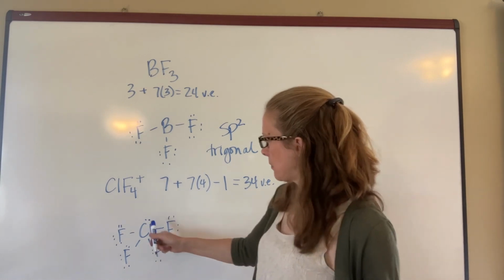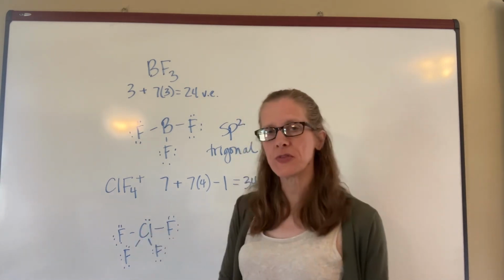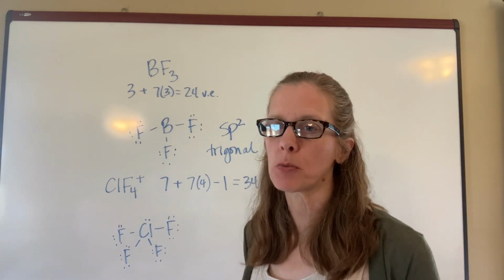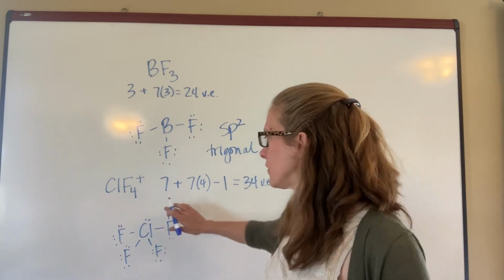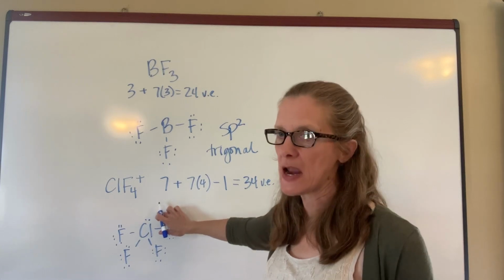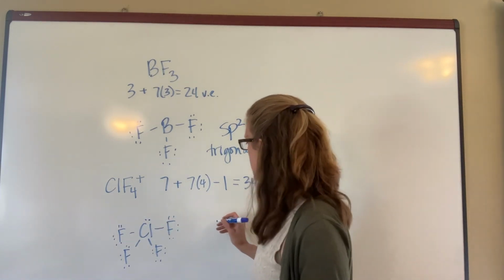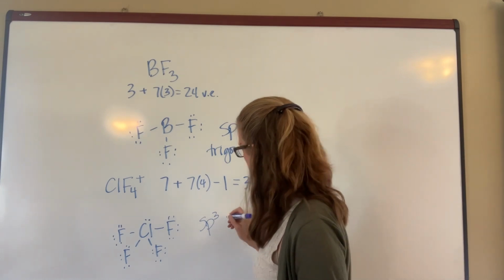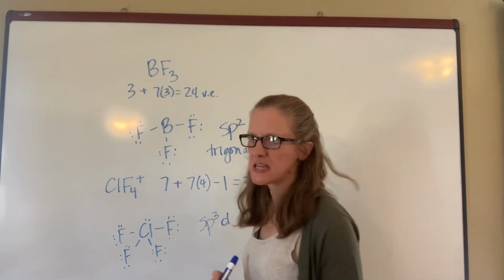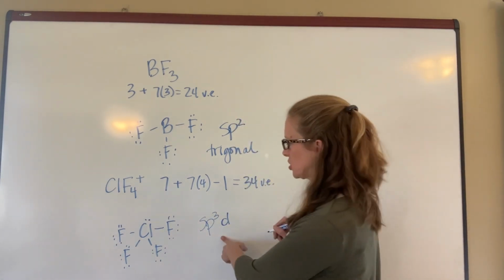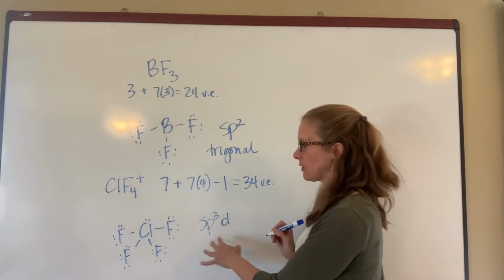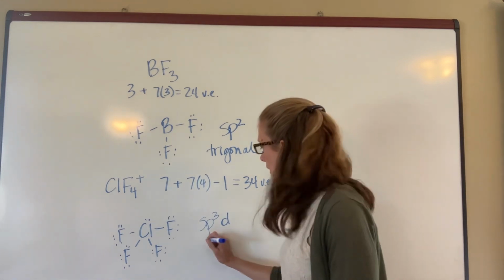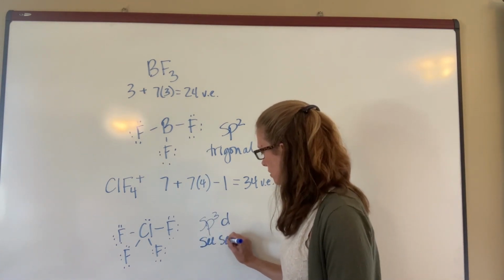Hybridization. I've got 1, 2, 3, 4, 5 things around it. So the electron geometry is a trigonal bipyramid, but one of those has been replaced by a lone pair. And so what that means, that even though I have sp3d hybridization, and again, the electron geometry is a trigonal bipyramid, but because this is a lone pair, this is going to be seesaw geometry.